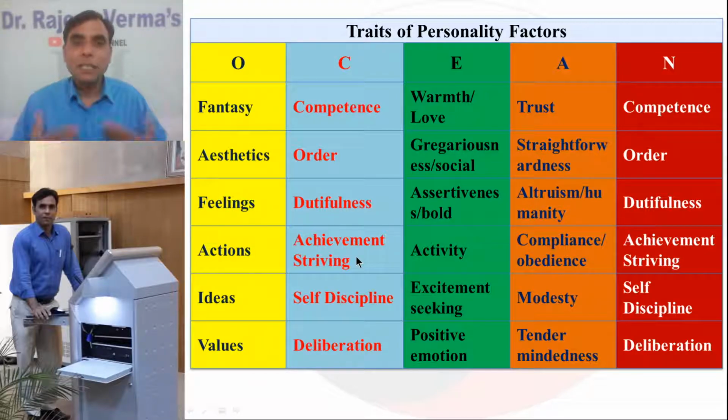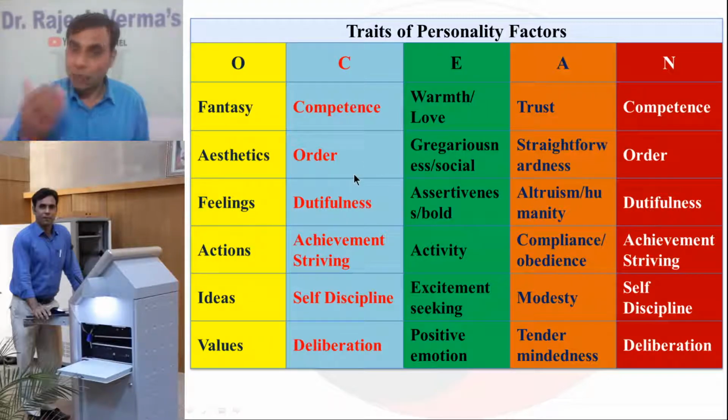Suppose my personality manifests or expresses agreeableness. It doesn't mean that I don't have openness to new experiences, conscientiousness, extraversion, or neurotic characteristics. I have all of that, but my predominant trait will be agreeableness. So across situations, I will show trust and straightforwardness more than these other types of people.